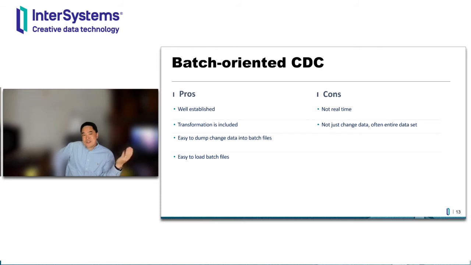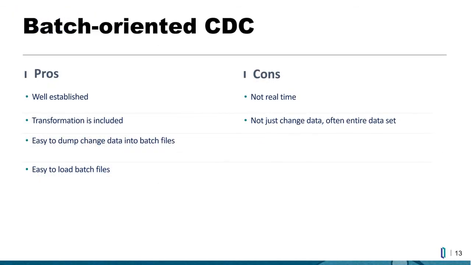Typically, in order to capture change data, you have to use some of the techniques I mentioned earlier, either a timestamp or a trigger, and you can dump this data to flat files. Then on the receiving end, it's very easy to load these batch files with your ETL tools, or with Spark, AWS Glue, or with IRIS JLoader.